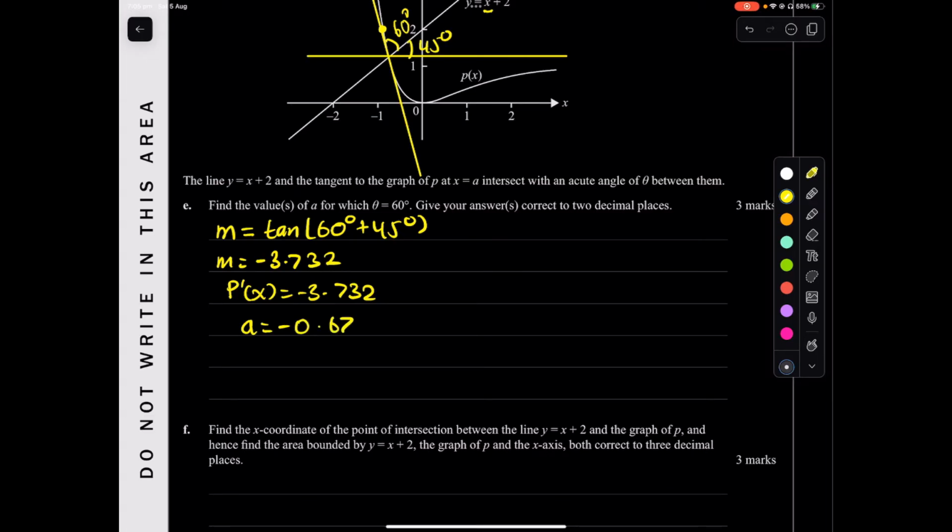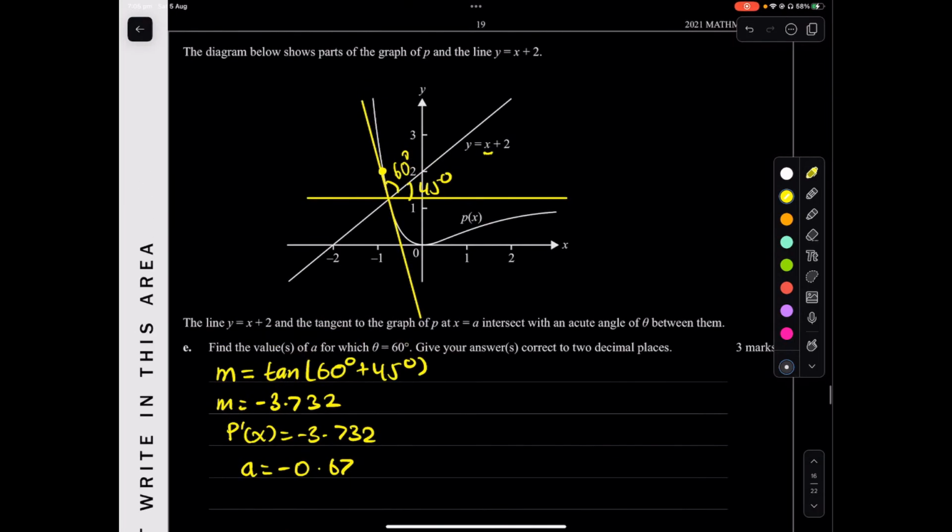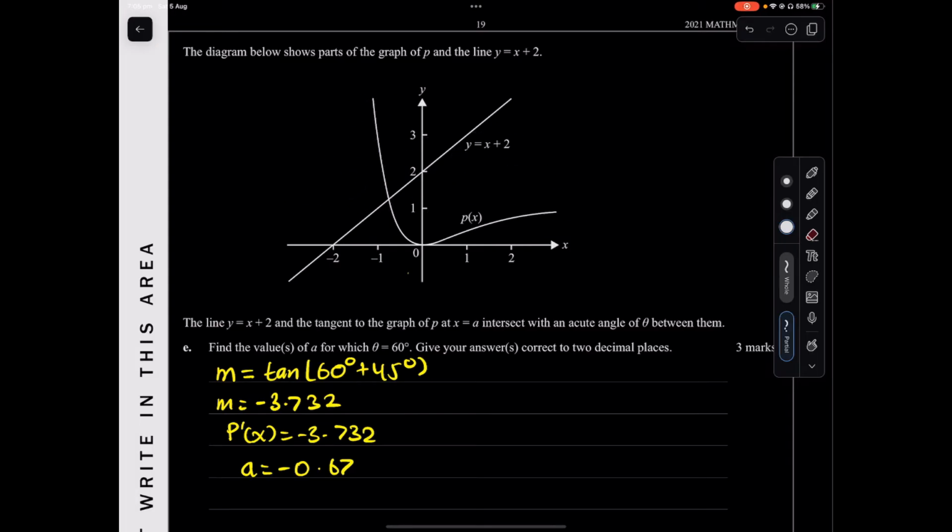Because this says values, let's just double check if there are more. So what other tangents are there? We do a tangent over here. Well, no, this is greater. Could be. Nah, it doesn't look that well. So what about over here?